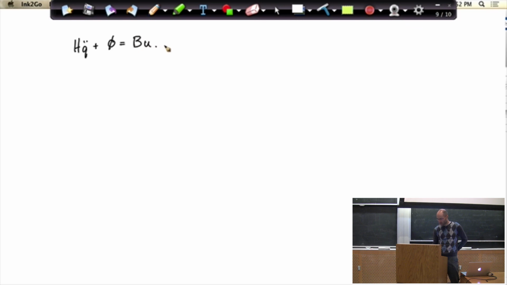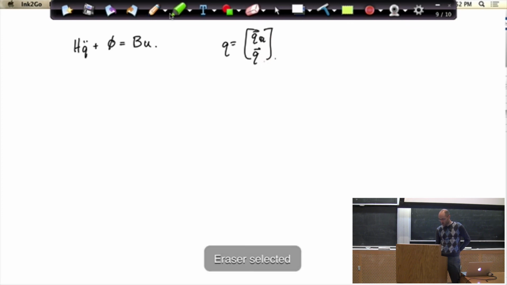If I separate out Q into the actuated degrees of freedom and the unactuated degrees of freedom, these will be vectors. I'll do this as the actuated and this is the unactuated. Then I can write this in a block matrix form.